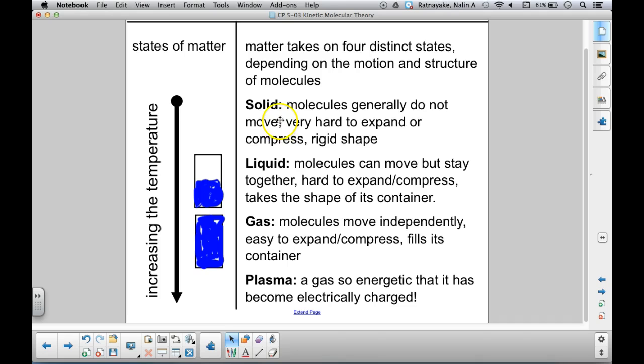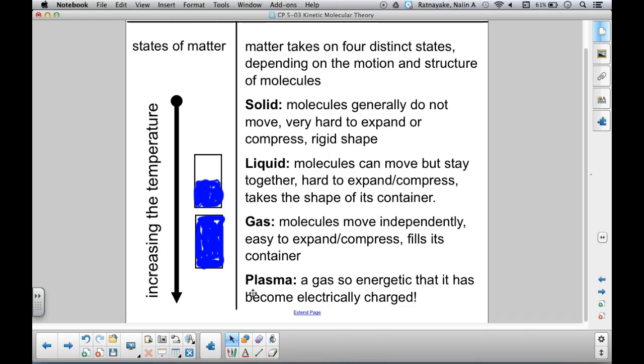We're making molecules move faster when we go from solid to liquid, so we have to increase its temperature to increase the kinetic energy. And then when we go to gas, we have to increase the temperature some more. And when we go to a plasma, we have to increase the temperature to a much, much higher degree.